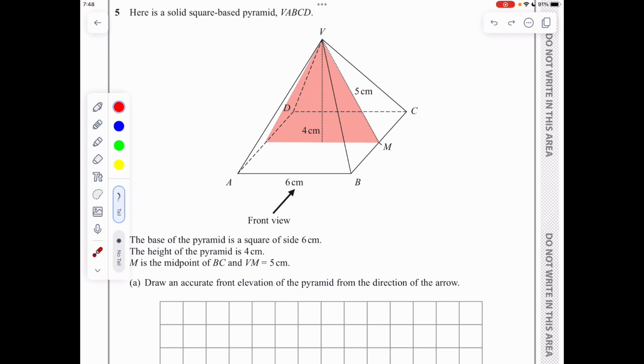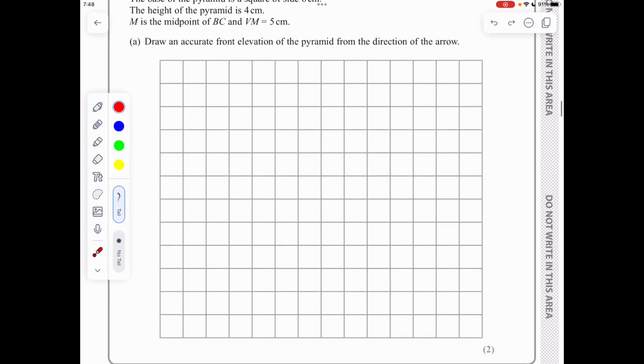This is simply an isosceles triangle with a base of 6 centimeters in length and the slant height here 5 centimeters. So going on my grid here, I will be drawing something like this. We've got 2, 4, 6 centimeters in the base. We've got 5 this way and 4 is the height here.